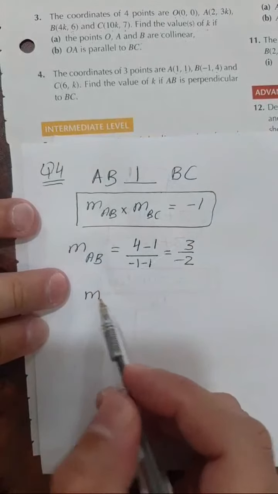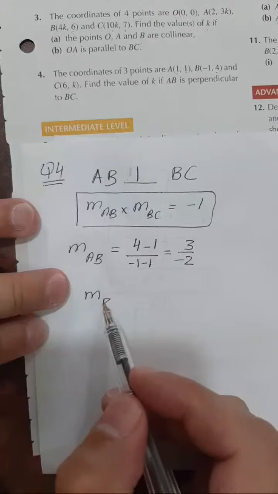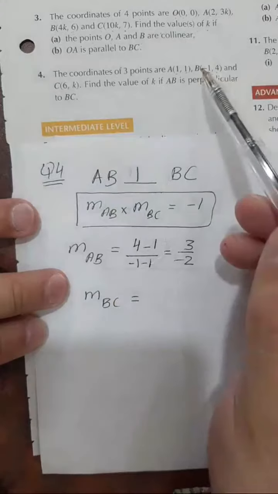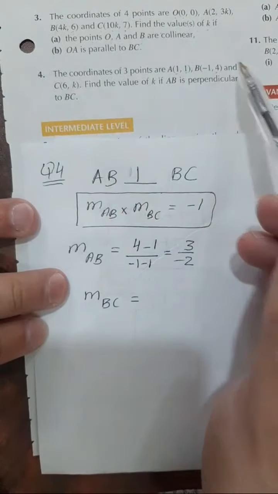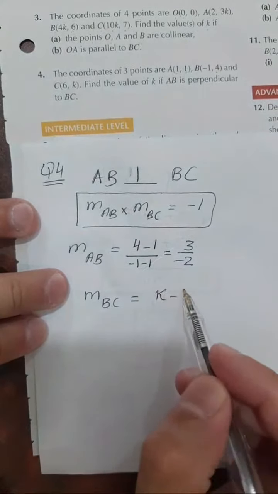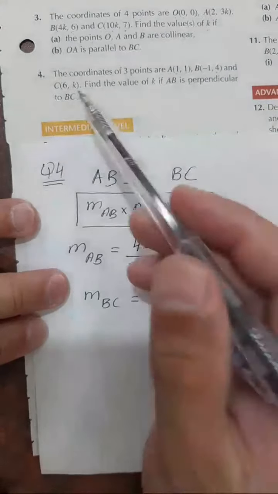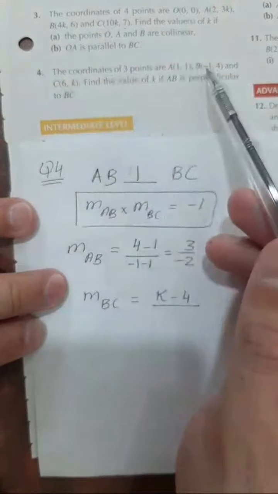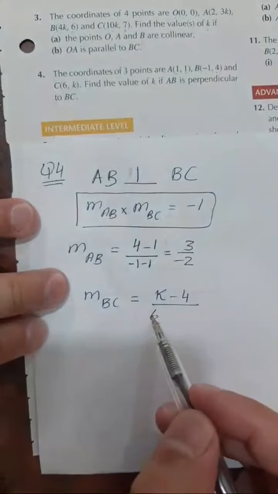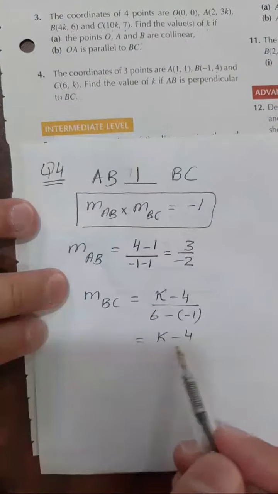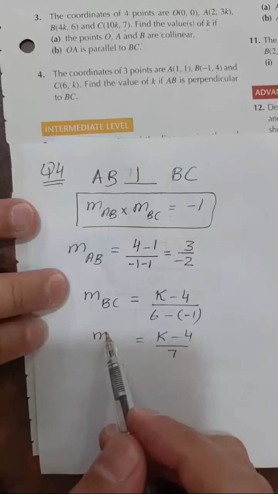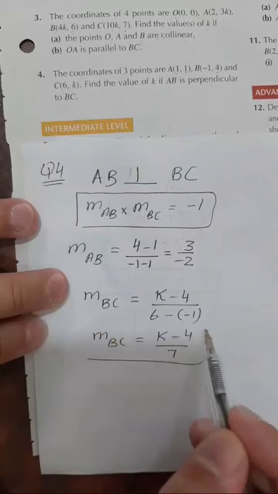Now find the slope for BC. That is y2 minus y1, k minus 4, over x2 minus x1, that will be k minus 4 over 7. That is the slope for BC.